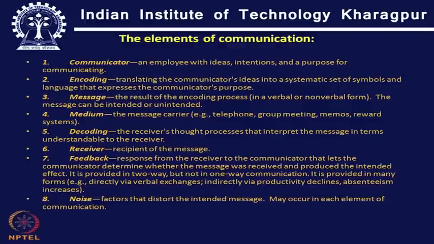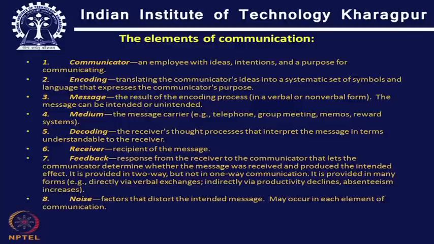What happens in one-way communication, where there is no way to receive this feedback? The communicator never knows whether what he intended to transmit as part of the message was actually received in that same sense by the receiver. But in the two-way communication process, where there is a chance to get feedback, we can understand whether that message has created the effect or not.